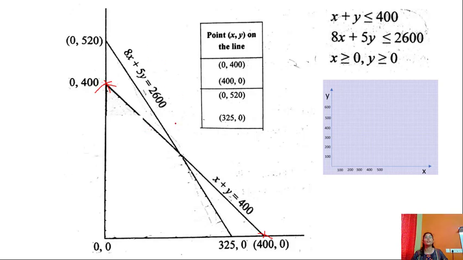For the second equation, we have 0 for x and 520 for y. So this is the point, and 325 for x and 0 for y. So we draw the straight line.